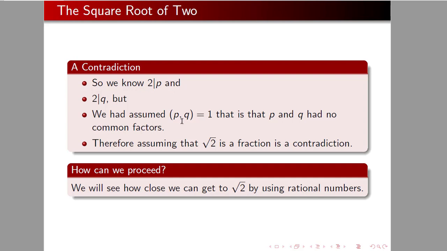That is, we'd assumed our fraction p over q was in lowest terms, with all of the common factors canceled out. And so we have a contradiction here. We cannot represent the square root of 2 exactly as a fraction.